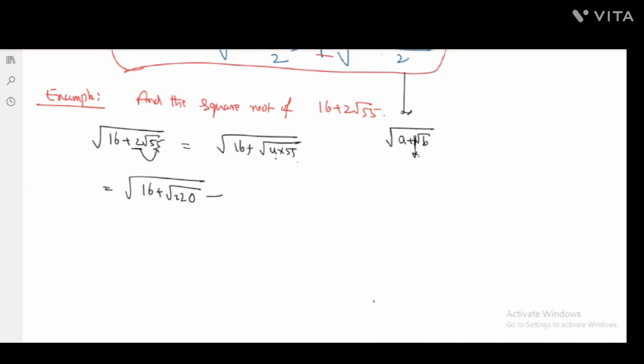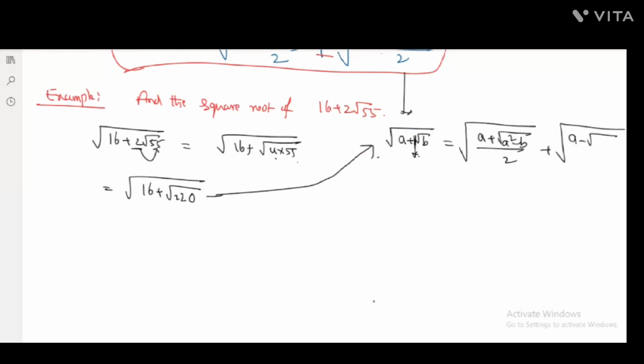So now we got it into this form. So what is the shortcut formula? Square root of a plus root b equals square root of (a plus root over a square minus b) by 2 plus square root of (a minus root over a square minus b) by 2. So when you compare this with this one, our a value will be 16, b value will be 220.